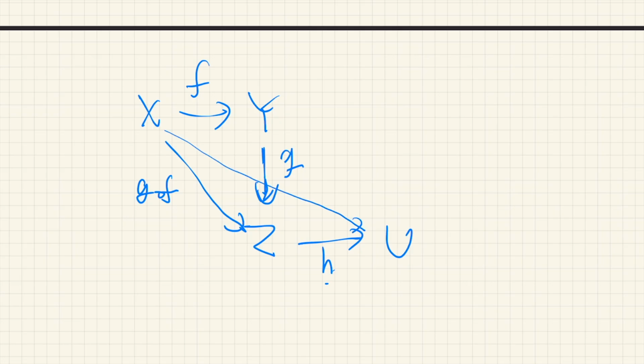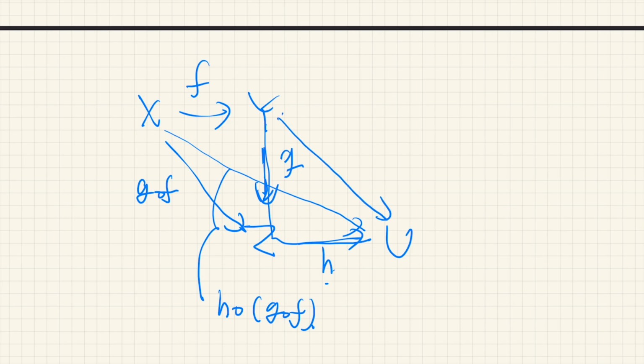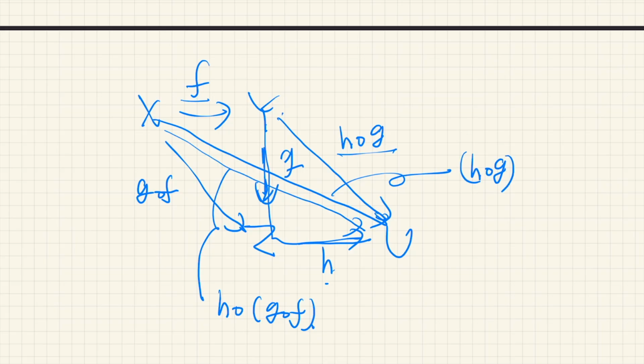Then for this map we get, this one is h after g after f. And on the other hand, first we go this way to get h after g, and then we first apply this and this, then we get this arrow, that is h after g after f.